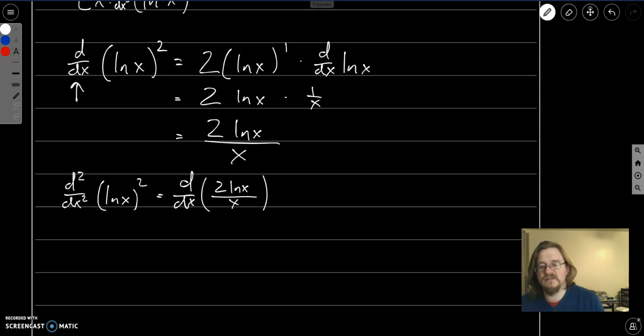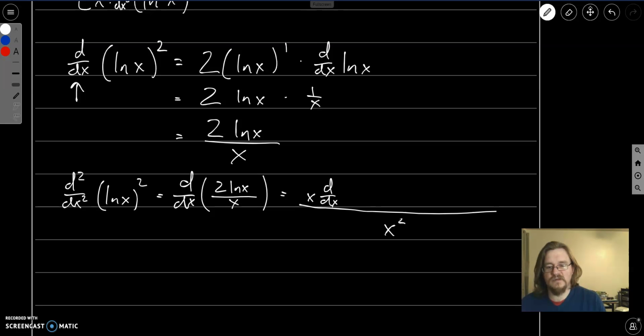And here we have a quotient rule. So let's start applying the quotient rule. I need to take the bottom and square it. I need to take the bottom times the derivative of the top minus the top times the derivative of the bottom.